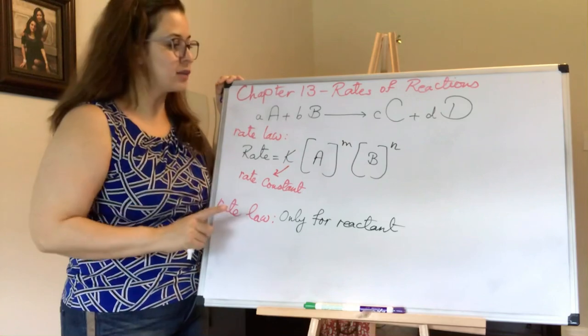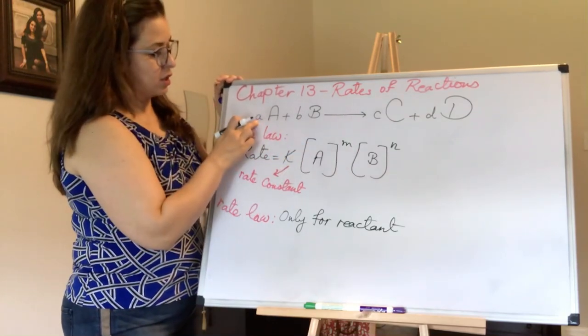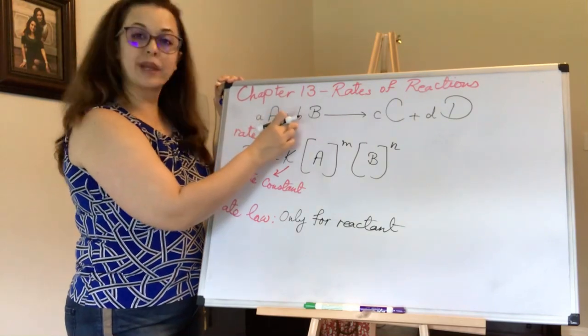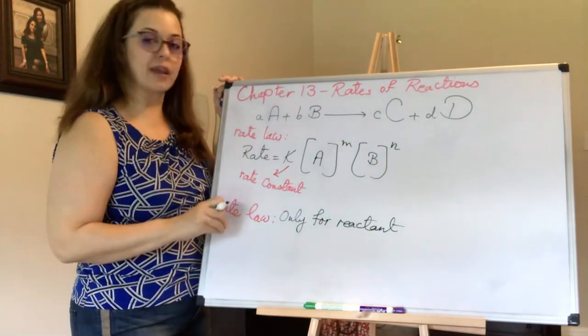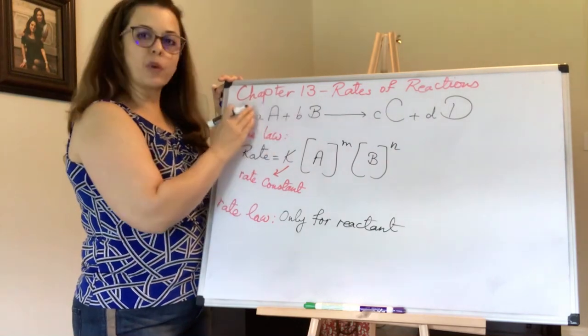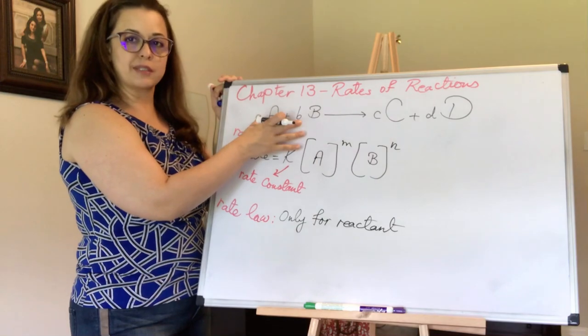And last but not least, you might have expected to see lowercase a and lowercase b as the exponents, but that's not the case. Whatever exponents they have, they are not the stoichiometric coefficients.